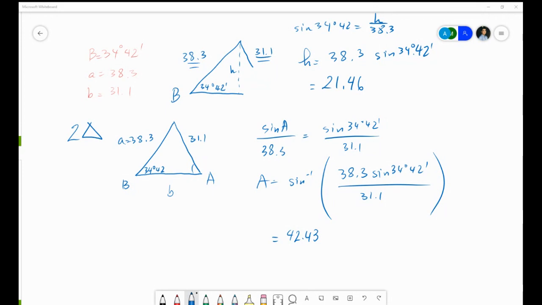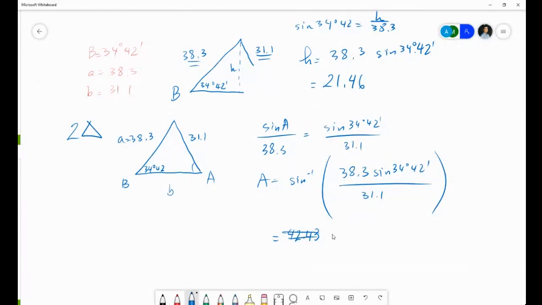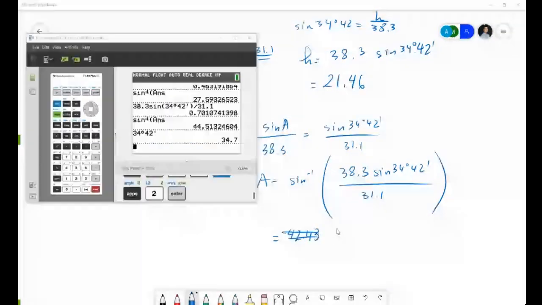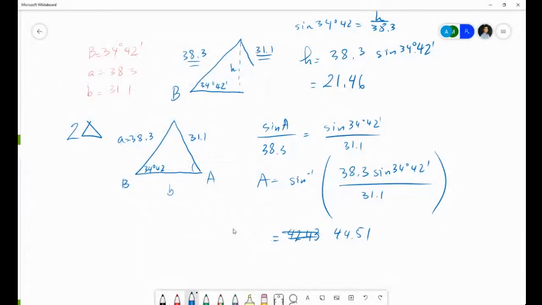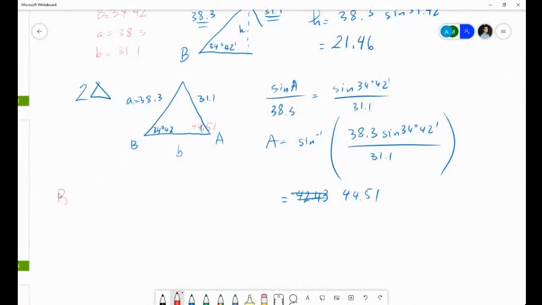Oh, okay, even better. Perfect. So we got 44.51. Oh, I'm sorry, Elena. It's fine. Live and learn, right? All right, so now we can find side B.